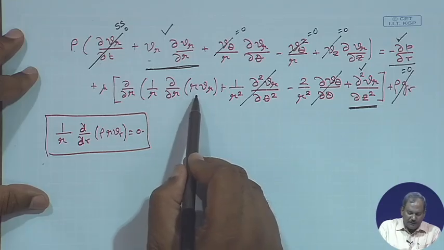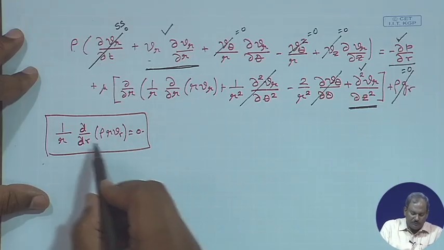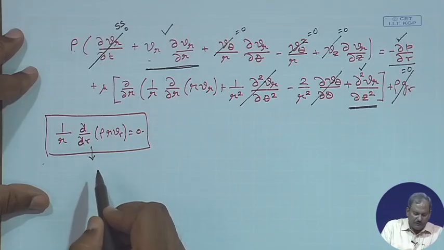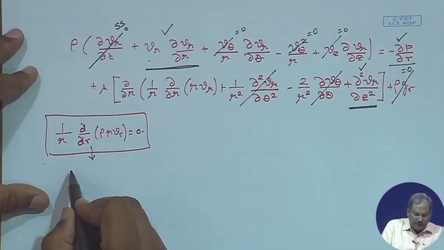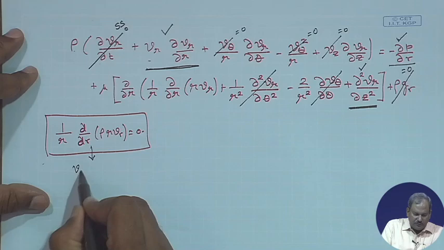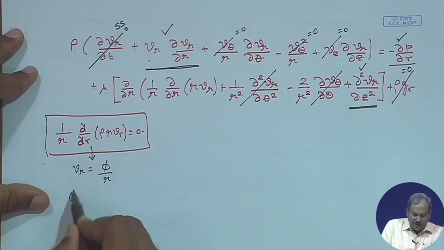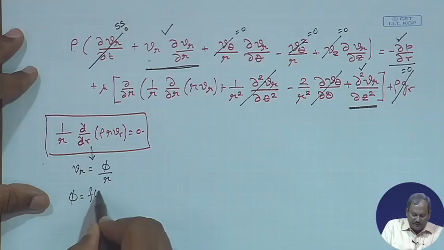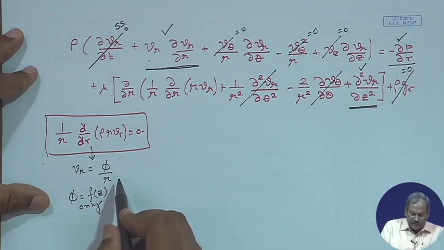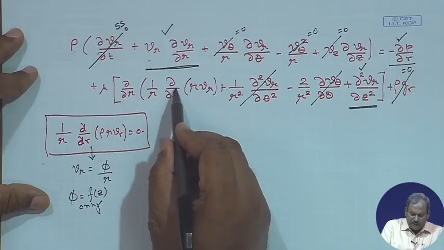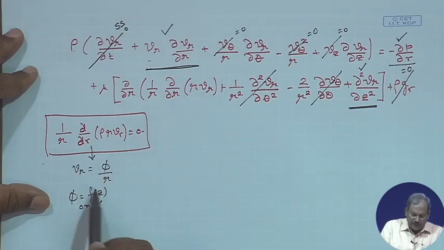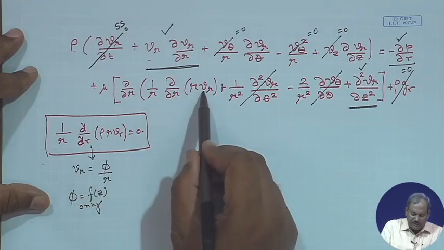Now, if you remember what we have obtained from the continuity equation, V r is equal to phi by r, and we also realize that it's a function of z only. So this is simply del r of r V r, and del r of r V r is simply phi.